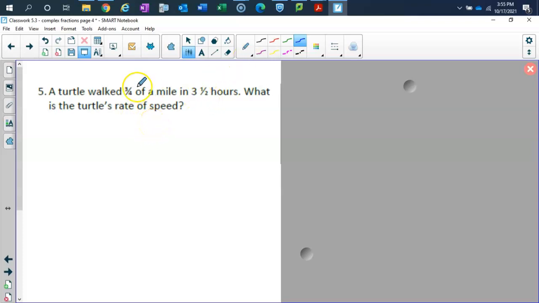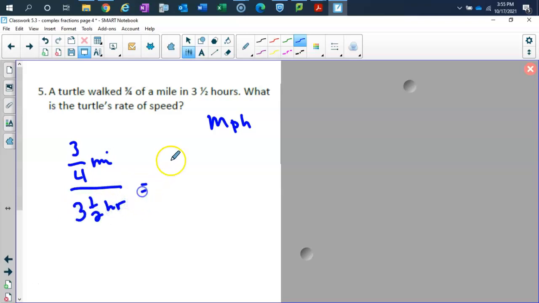Well, what are the two things we're dealing with here? Miles and hours. So, does it make sense to be miles per hour? Absolutely does. So, 3/4 of a mile per 3.5 hours is 3/4 divided by 3 1/2.